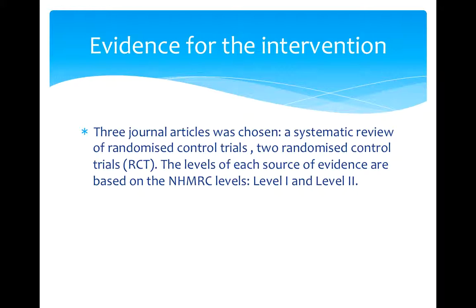Evidence for the intervention. I picked three journal articles. One is a systematic review, and the other two are randomized controlled trials. Their levels of evidence are based on a hierarchical system, which was invented by the National Health and Medical Research Council in Australia.